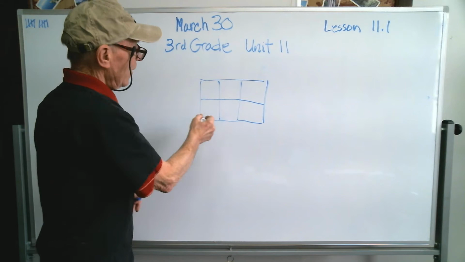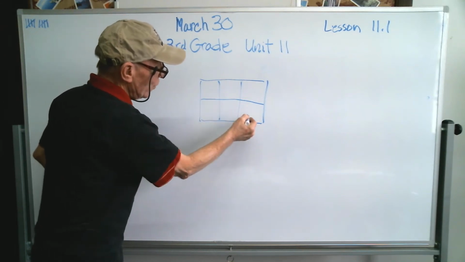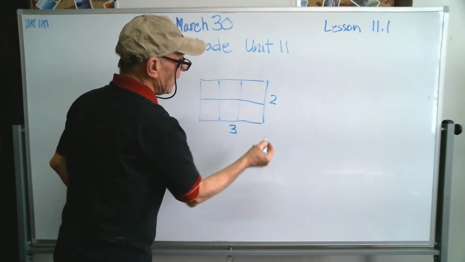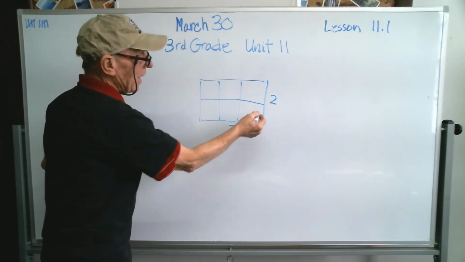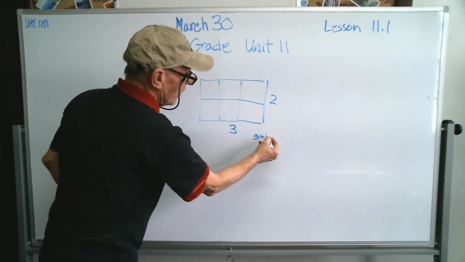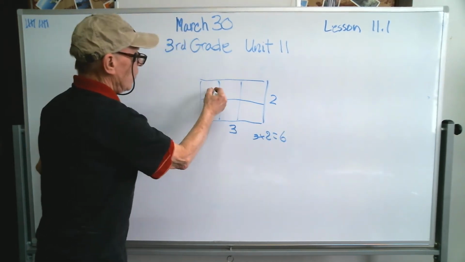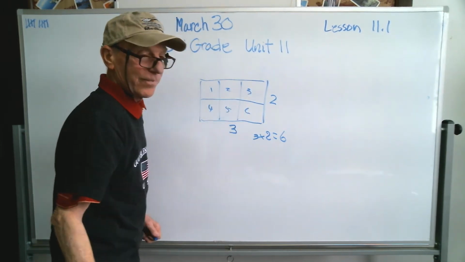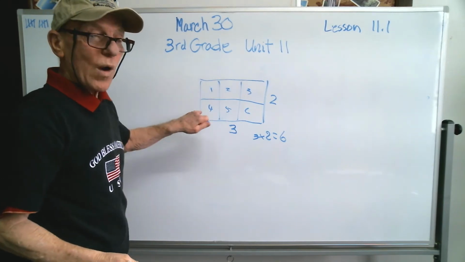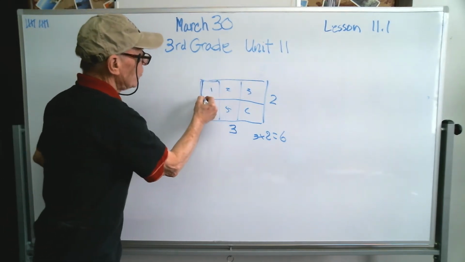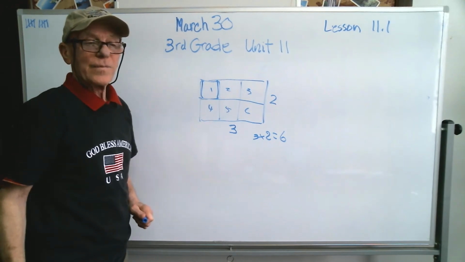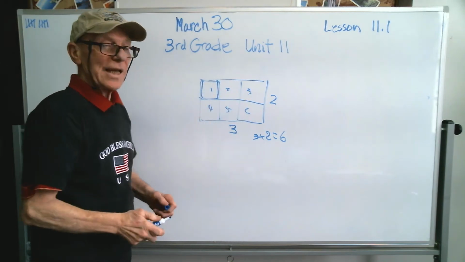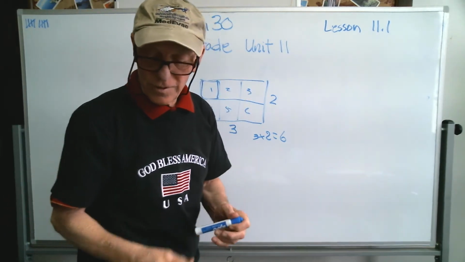Now, this would have 3 units on this side, 2 units on that side. 3 times 2 equals 6. 1, 2, 3, 4, 5, 6. There are 6 square units because these are square. And that's how you would state that. And that's what area is. How many square units it takes to cover the surface of an object.